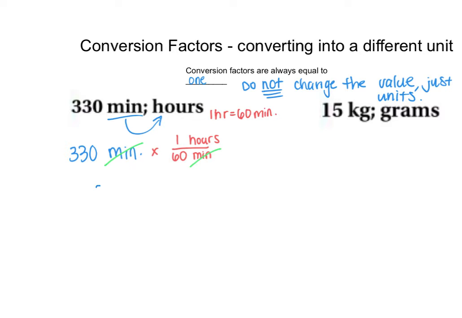So now we're going to get 330, the minutes canceled, so times 1 hour over 60. And this will give us 330 divided by 60. I'm just going to plug that into a calculator. And that will give us 5.5 hours.